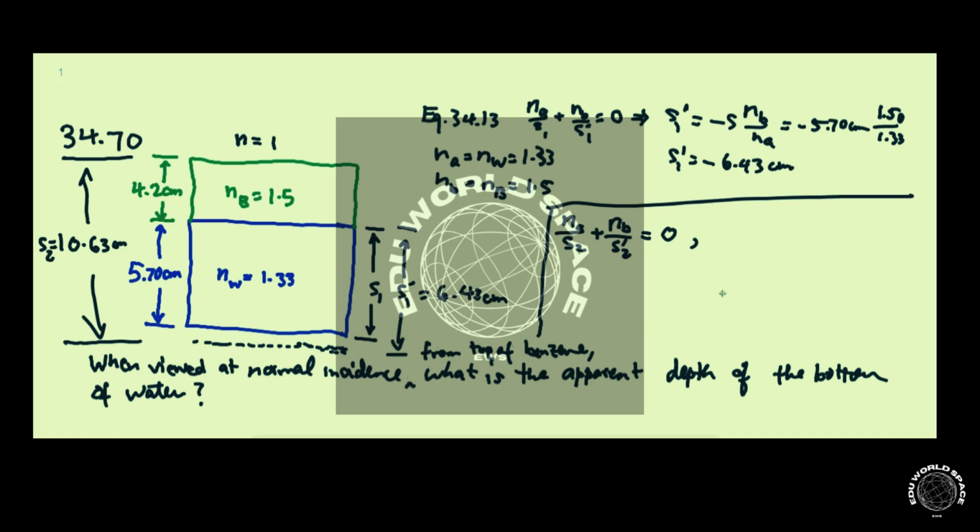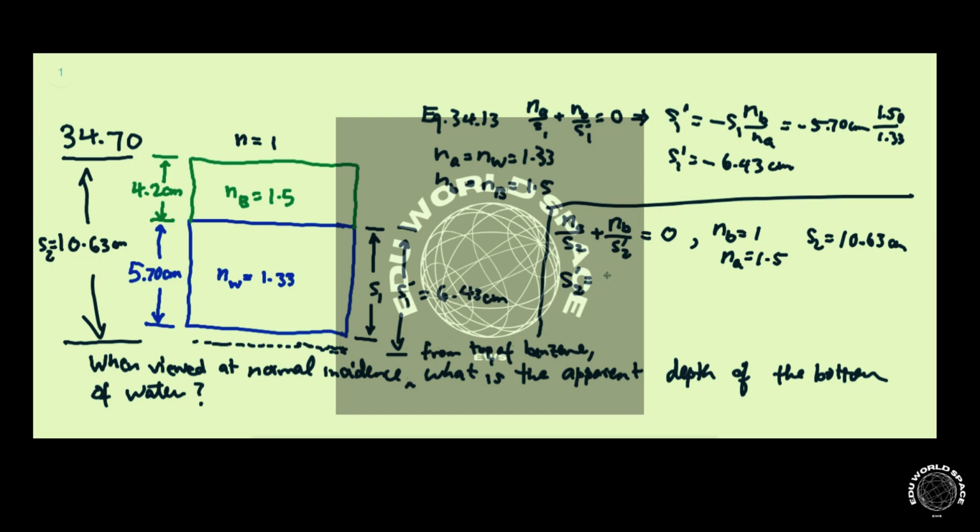And here, now I have Nb is air, so that's 1, and Na is benzene. And we know S2 is 10.63 centimeters.